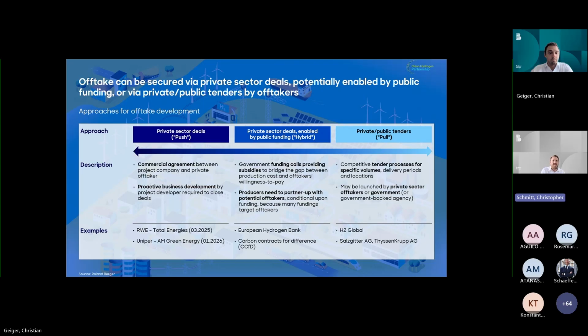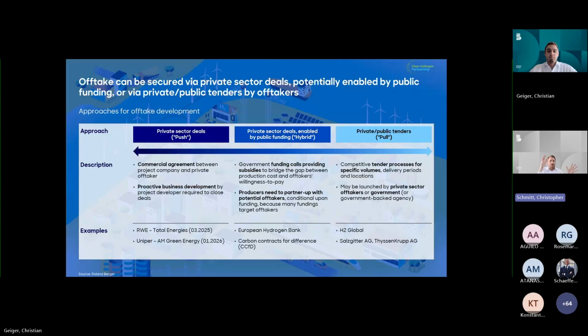So the European Hydrogen Bank is a classic example for that, where you as a producer basically pitch a price. If your price is amongst the lowest, you get the subsidy awarded, but then it's still your problem to find an off-taker and get them to pay an amount where the combination of what they pay and the subsidy you receive is sufficient to sustain your case. So this is a bit blurry in between the two models.